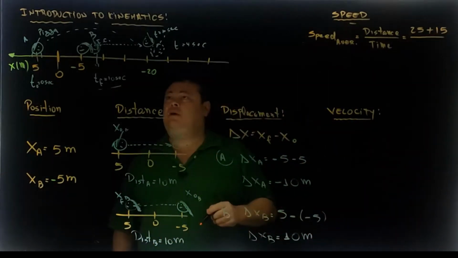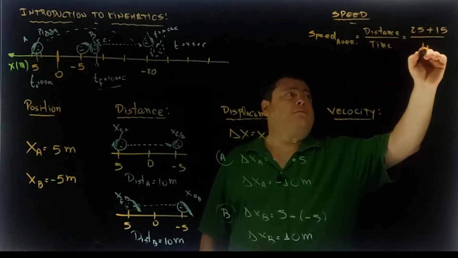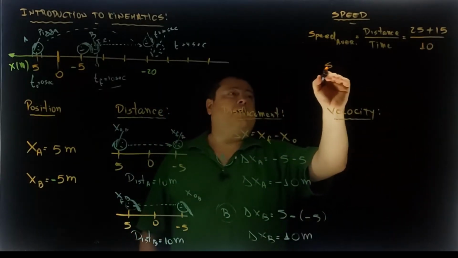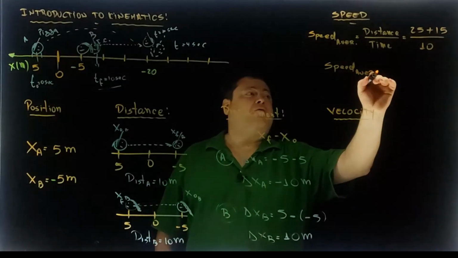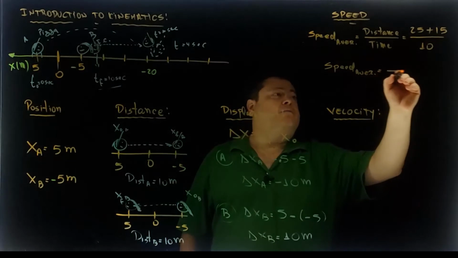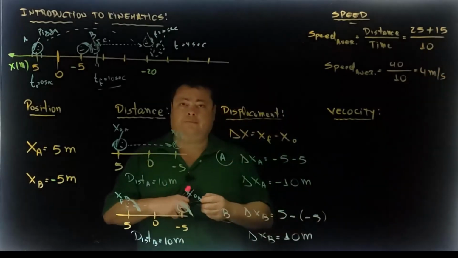And it took him a total time of 10 seconds to do this. So my average speed is going to be 40 over 10, which is 4 meters per second.